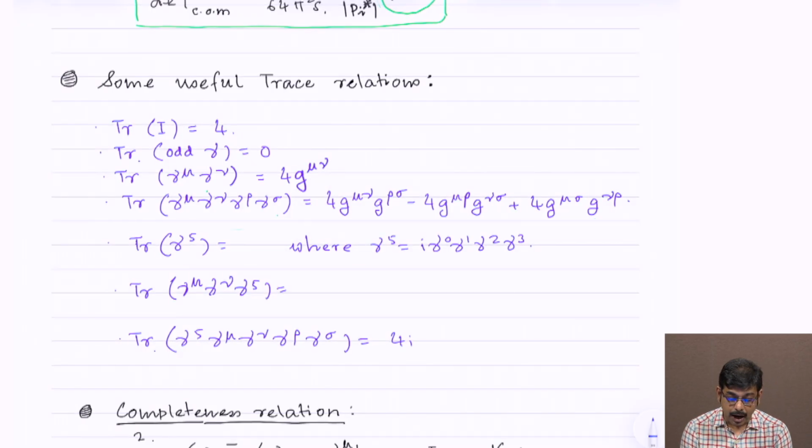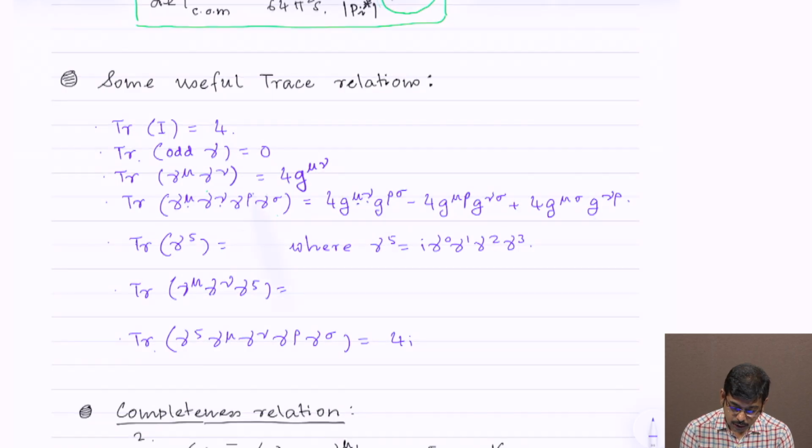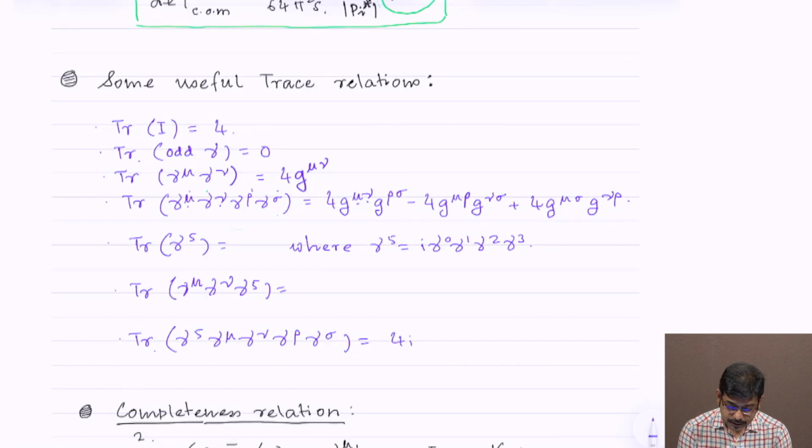The trace of gamma mu gamma nu gamma rho gamma sigma is 4 g mu nu g rho sigma, the first two indices and the last two, minus 4 g mu rho g nu sigma, first and third, second and fourth, plus 4 g mu sigma g nu rho, first and fourth, second and third.